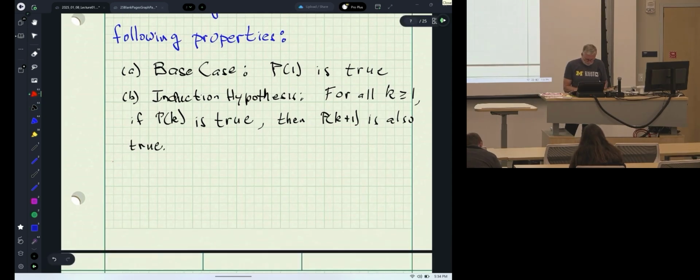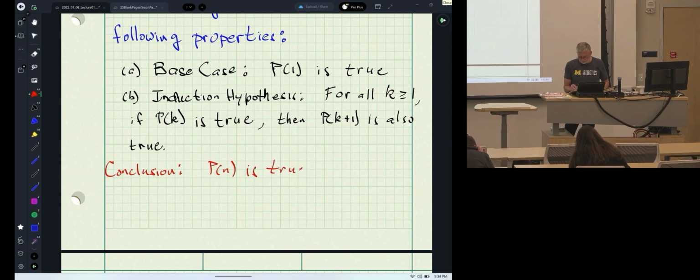And the conclusion, when you have this, is that P of n is true for all n bigger than or equal to 1, the base case.